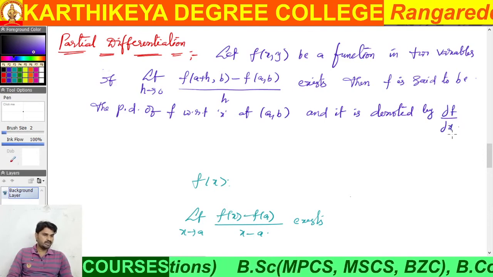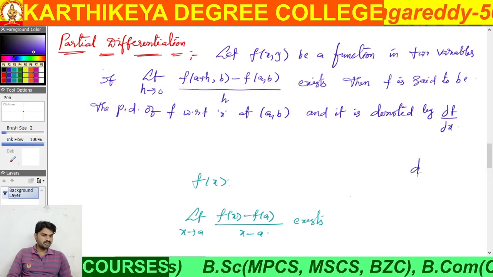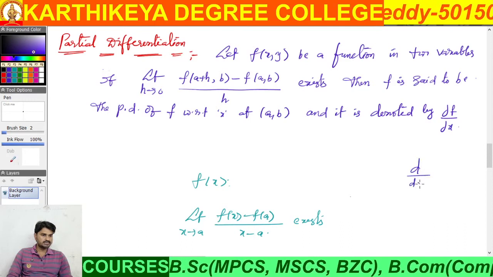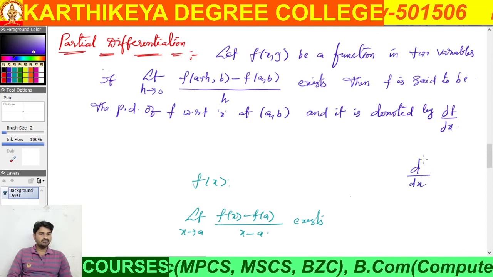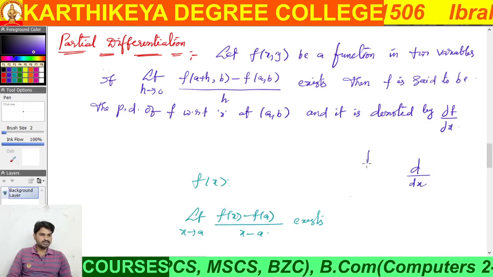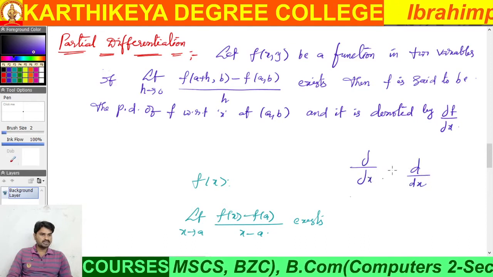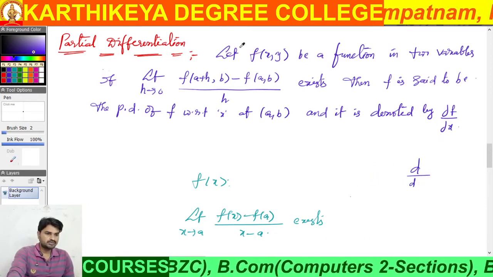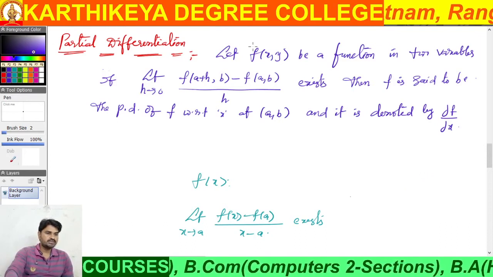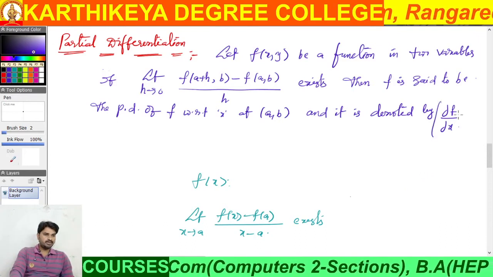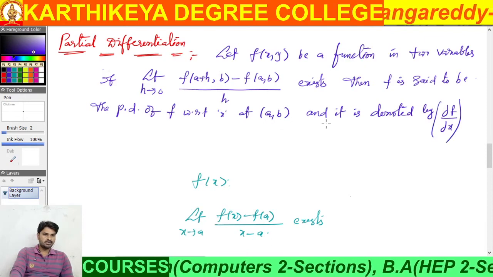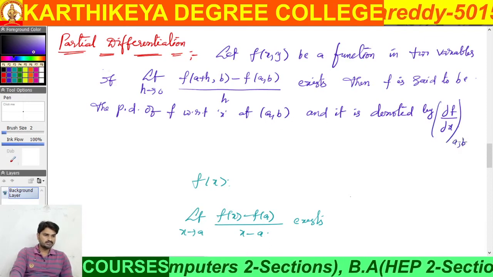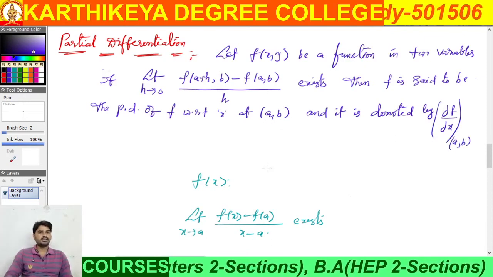Generally the derivative with respect to x is d by dx, but in partial differentiation the notation is dou by dou x. Here we differentiated at a particular point, that is, the point (a, b).